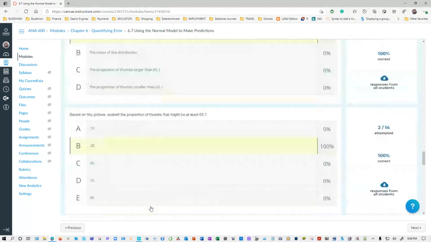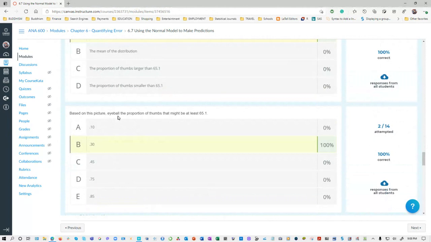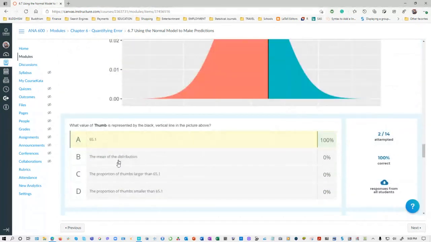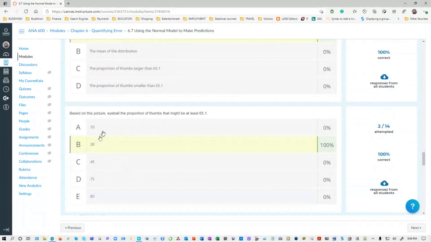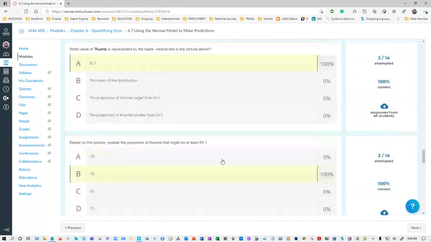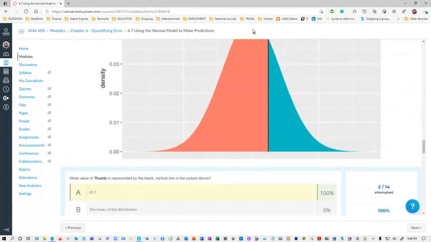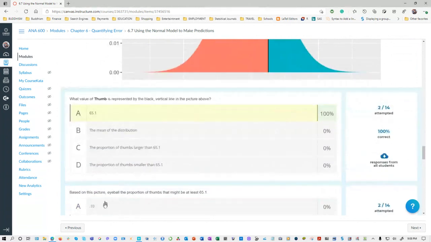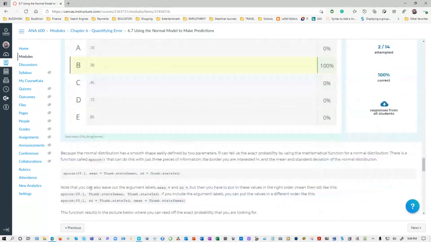Based on the picture, eyeballing it, the proportion of thumb might be at least 10%, 30%, not 45. The center is here, so if one side is 50, the other side is 50. So it's going to be around 30%.